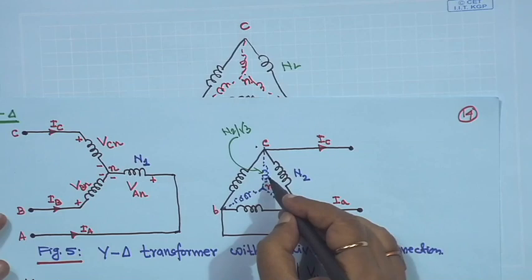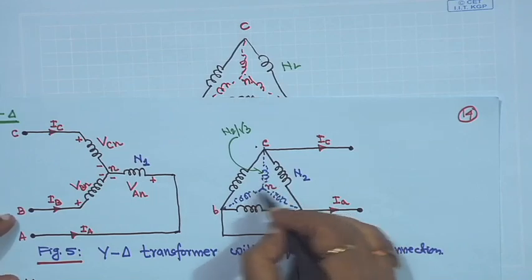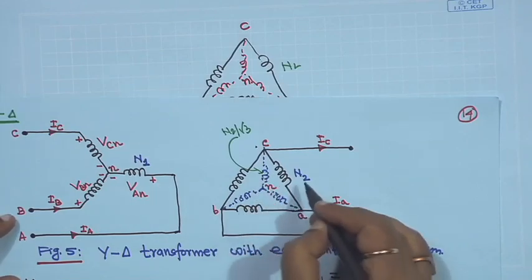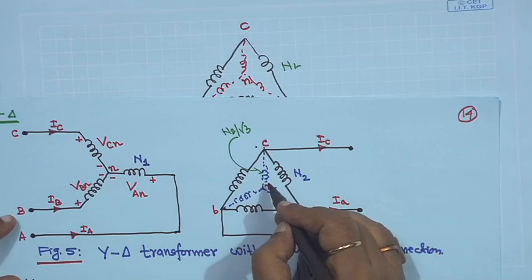So after converting into star connection, instead of N2 it has become N2 by root 3.